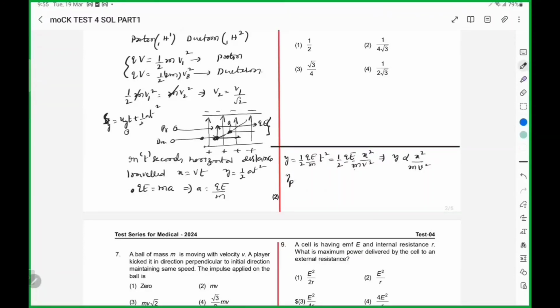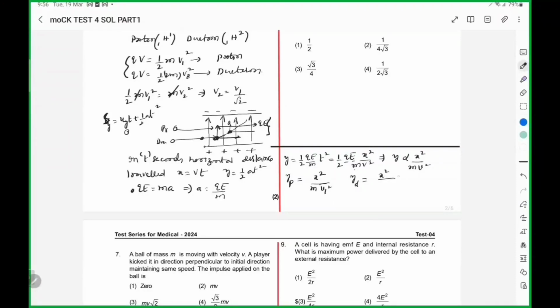So deflection of proton, here T is x by V. So x square by mass of proton and velocity of proton, deuterium.